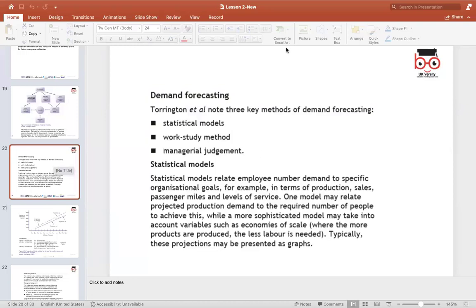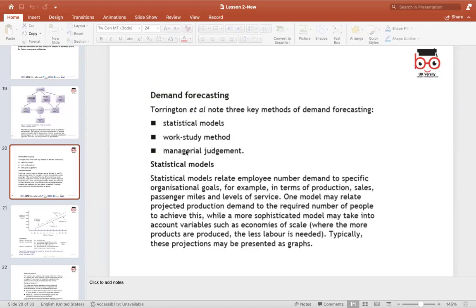So this demand forecasting is also broken down into statistical models, work study method models, and managerial judgments. We just spoke about a few of the statistical models that they use, that basically talk about how, because of some specific goals in the organization in terms of changing sales and changing growth, the number of people required in an organization also changes.